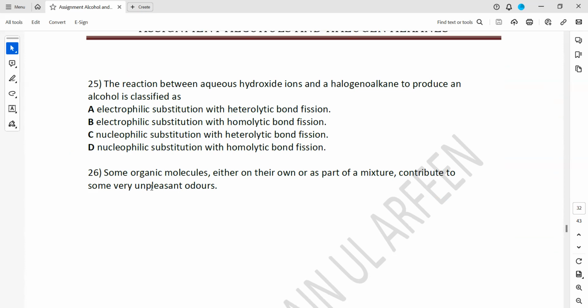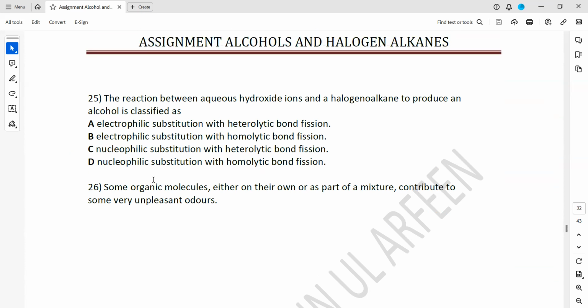Question 25. The reaction between aqueous sodium hydroxide and a halogenoalkane to produce an alcohol is classified how? We call that a nucleophilic substitution reaction. Is it homolytic or heterolytic? In a halogenoalkane there are partial positive and negative charges.